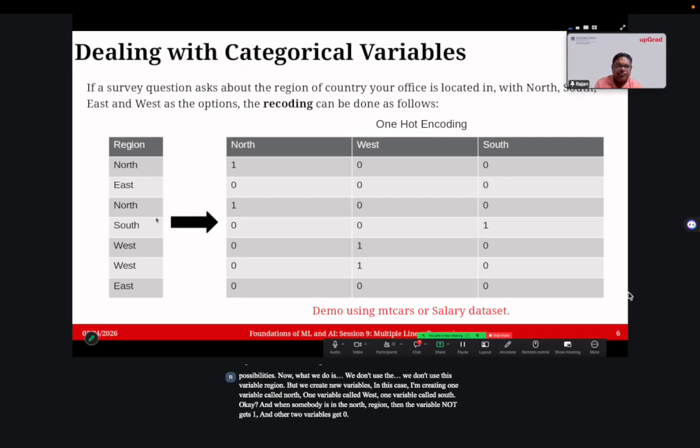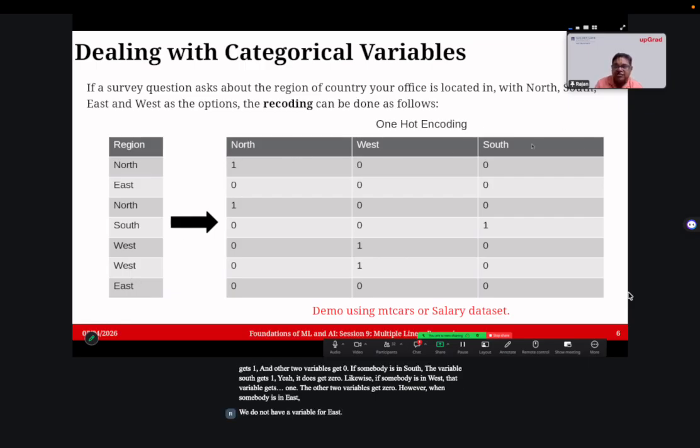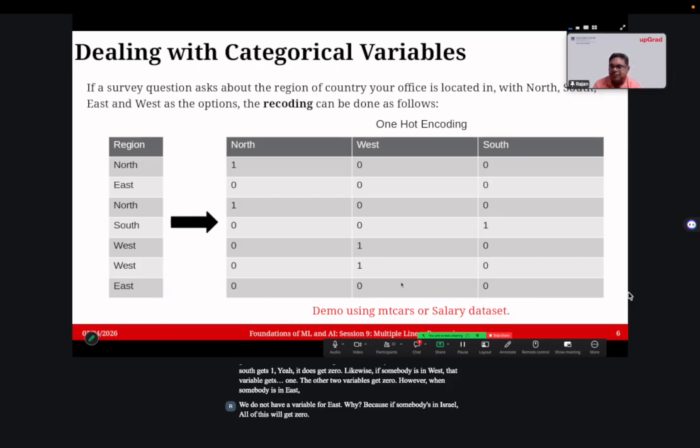If somebody is in south, the variable south gets 1, the others get 0. Likewise, if somebody is in west, that variable gets 1, the other 2 variables get 0. However, when somebody is in east, we do not have a variable for east. Why? Because if somebody is in east, all of these will get 0. So if there are n categories, n minus 1 binary variables are sufficient to completely denote the data.